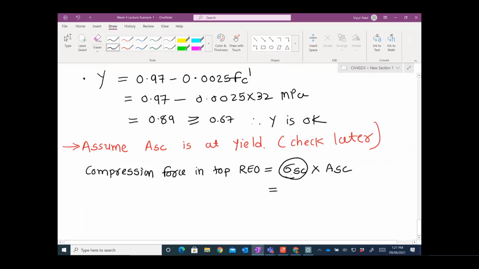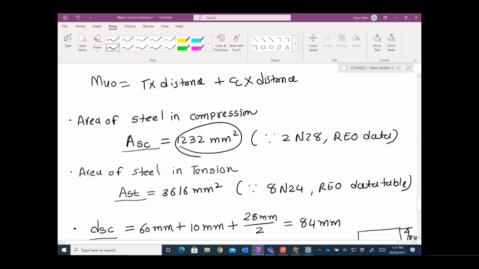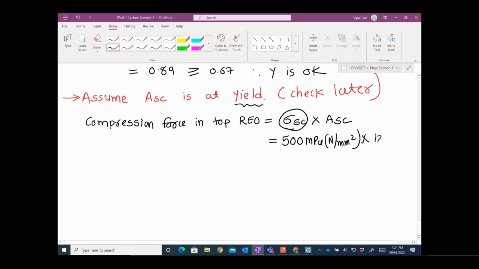Now stress is the yield stress because we made an assumption, so that is fsy, and if you use N bars, we have 500 megapascals, which is basically newton per millimeter square, times the area of the top steel we calculated, 1232 millimeter square. If you use the calculator, you will get 616,000 newton force taken by the top steel, right? But the condition is they should be at yield. Okay, so this is the first one.